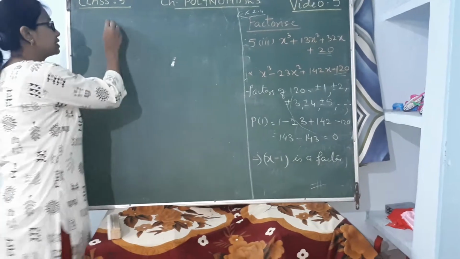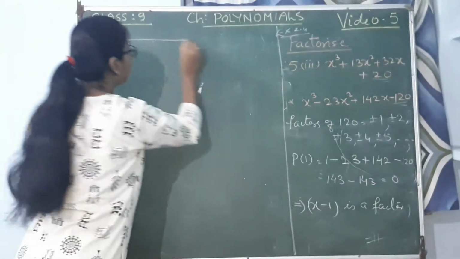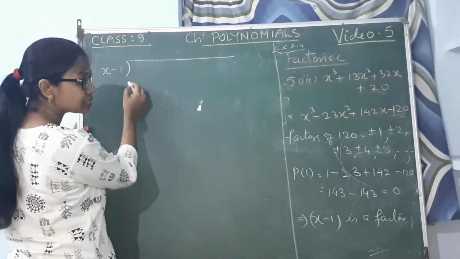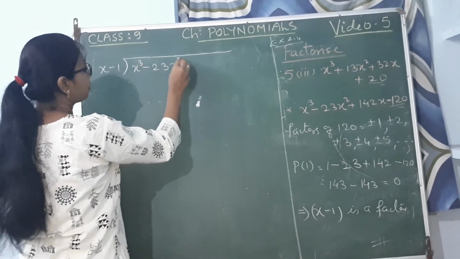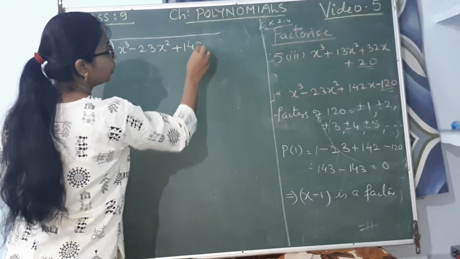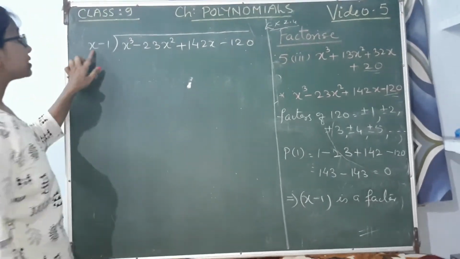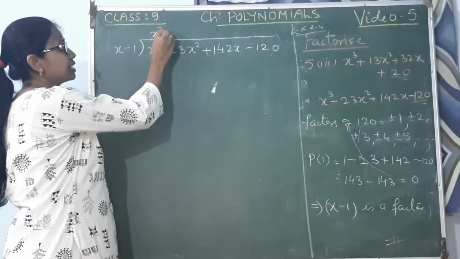Now what will be the next step? We have to do the division in order to reduce this cubic into a quadratic polynomial. x minus 1 into x cube minus 23x square plus 142x minus 120. x into what gives you x cube? x square, yes, correct.